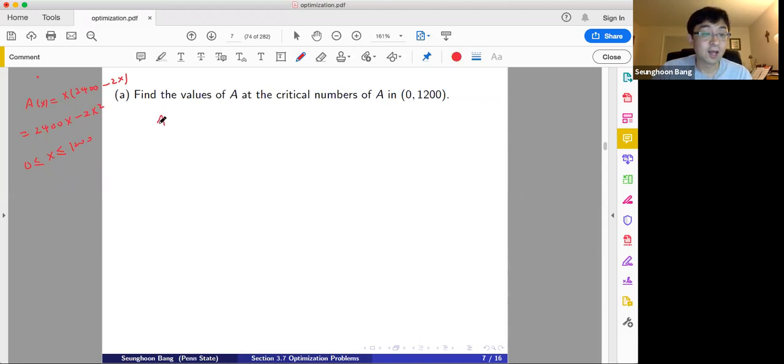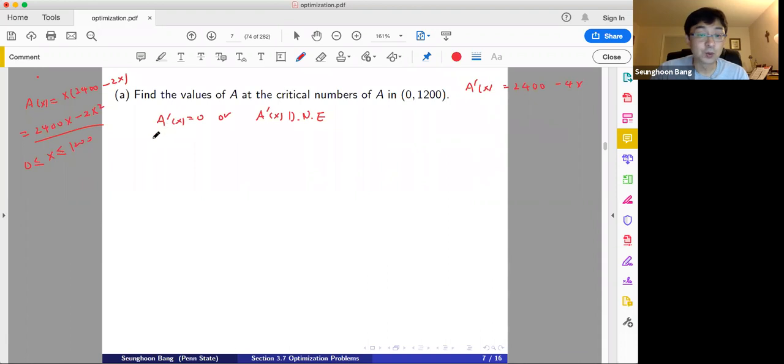A prime of X equal to 0 or A prime of X does not exist. How can you find A prime of X? You can calculate here. A prime of X is 2400 minus 4X.